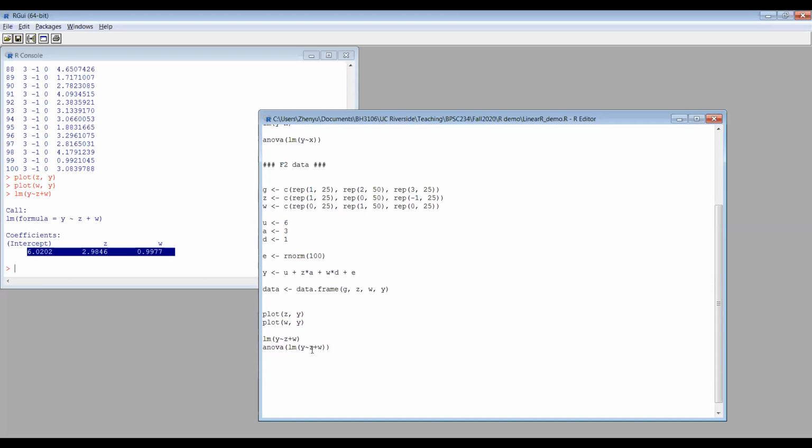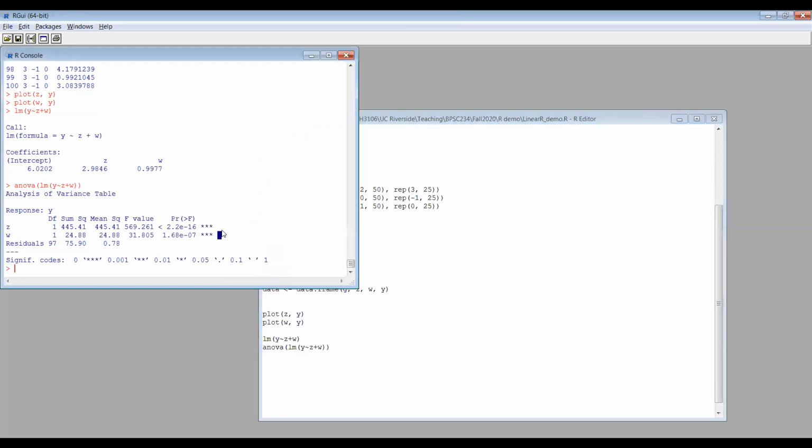Now you can make the test, right? So in this table, this is the ANOVA table. We use ANOVA to test the additive effect and the dominant effect, which gives you the p-value for this and this, which means what? Can anyone tell me?